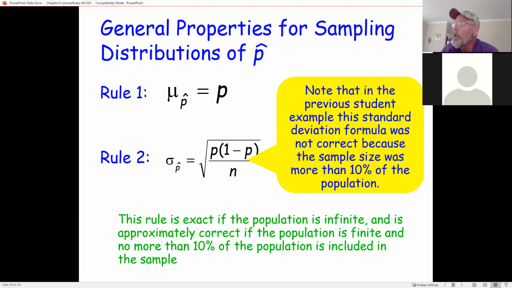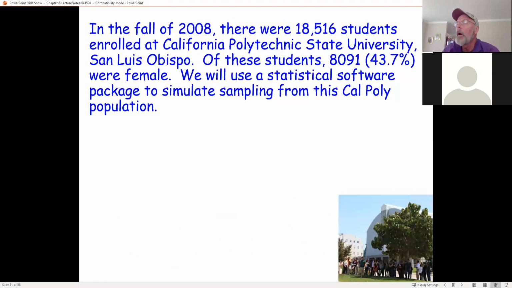So I think that's where we left off, and I'll start with this. Okay, so we have this fall semester, 2008. We have 18,516 students enrolled in California Polytechnic State University.